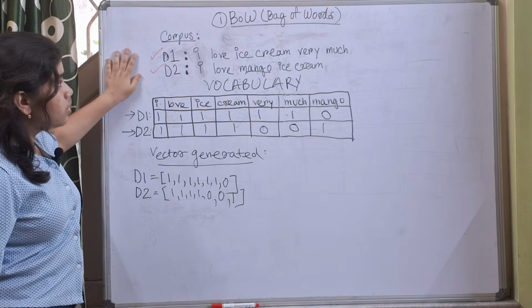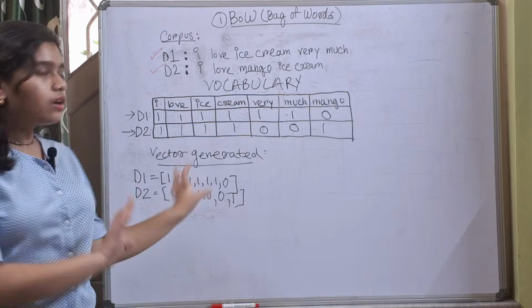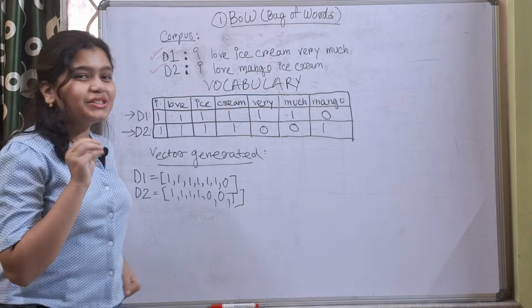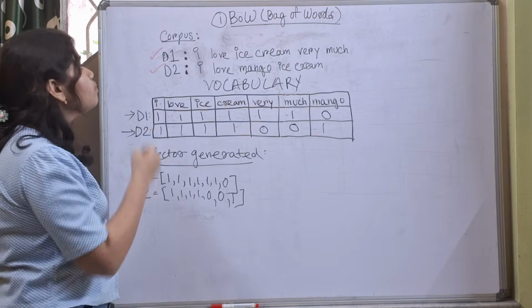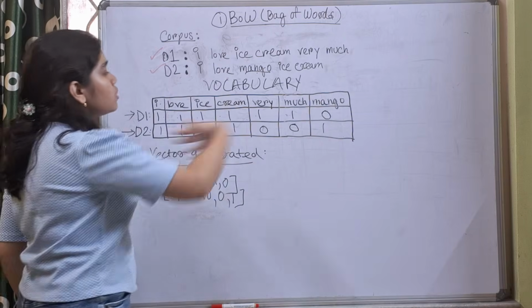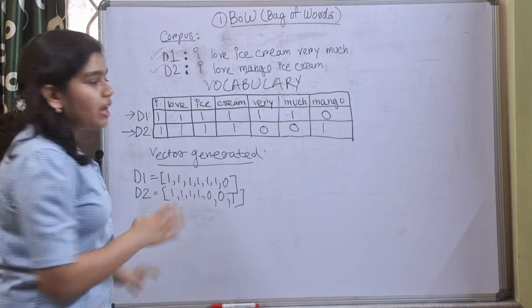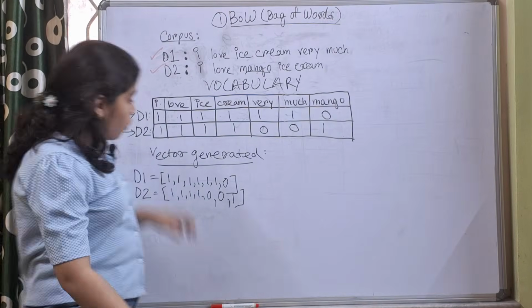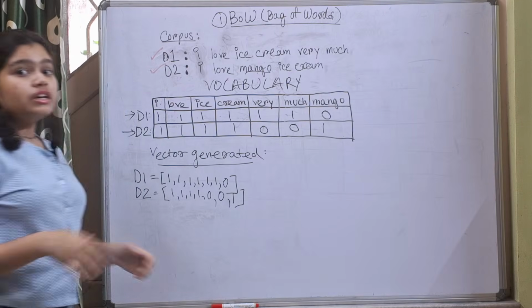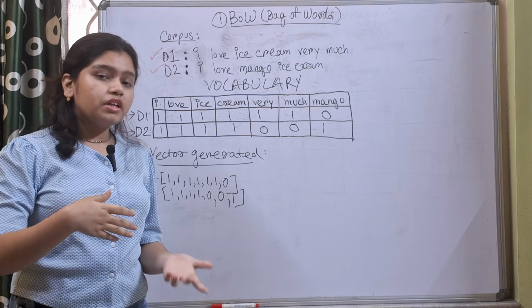And then the machine learning model can make predictions. Okay. Now there is one limitation of bag of words. This was the work of bag of words, which is very easy. Now there is one deficiency of bag of words: if document 2 was much longer, the length of this table would have been much more, or the vector that we would have generated would be much longer. So the more sentences, the bigger the vector.